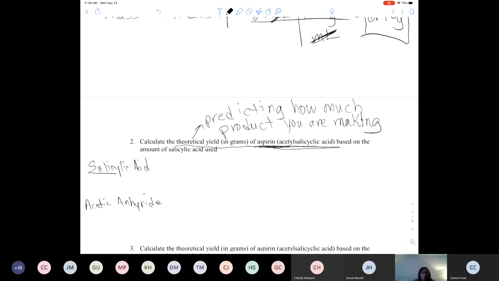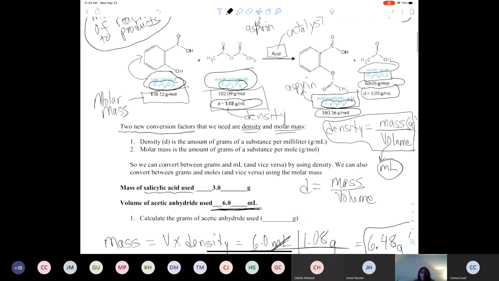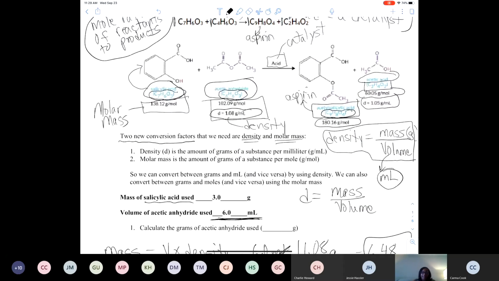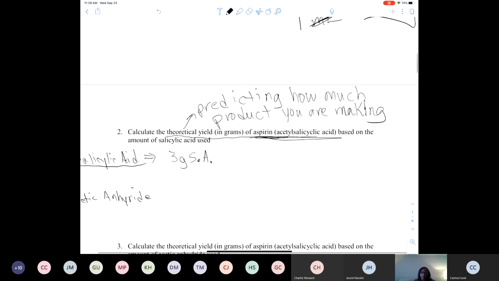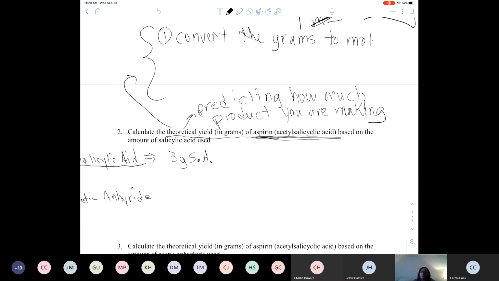So based on the salicylic acid, we use 3 grams of it, and I'm going to abbreviate salicylic acid SA. And then we look at the molar mass: for salicylic acid it is 138.12 grams per mole. So the first step is to convert the grams of each reactant to moles.